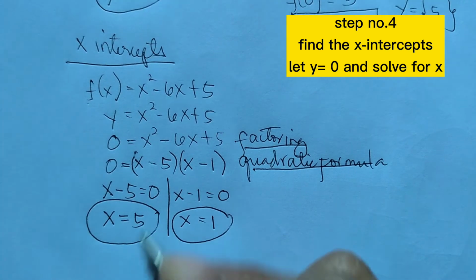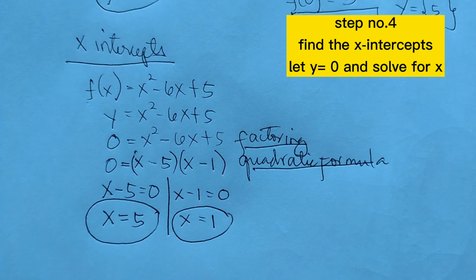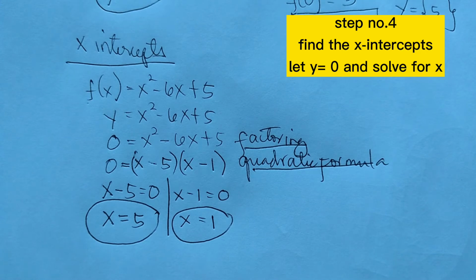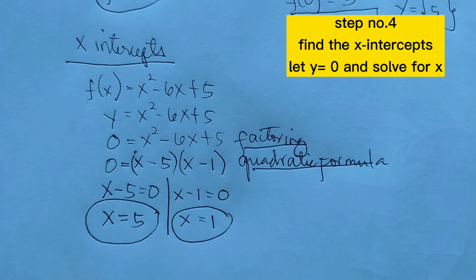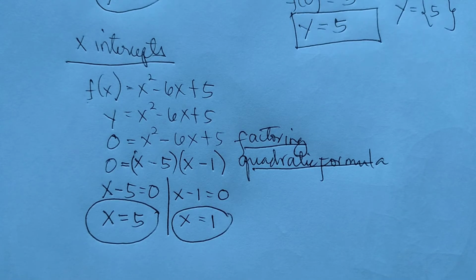So, positive 5 and positive 1 are the x-intercepts of the given function. So, next, we can now graph the function. That's the last thing that we are going to do, is to graph.